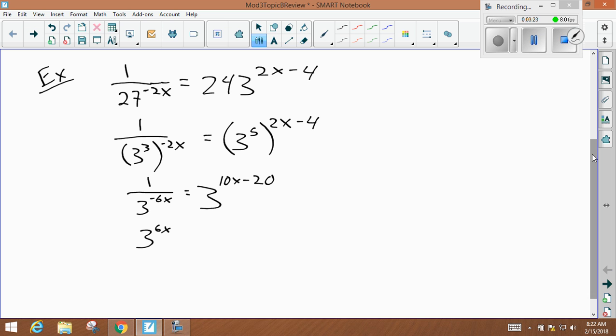So I'm going to write that as 3 to the 6th power equals 3 to the 10x minus 20 power.